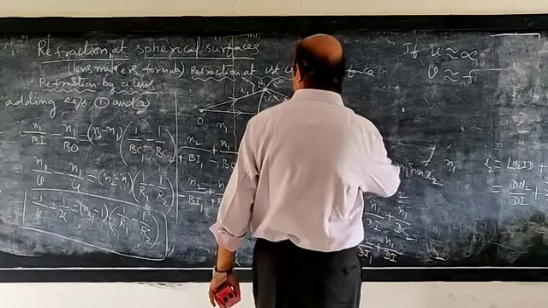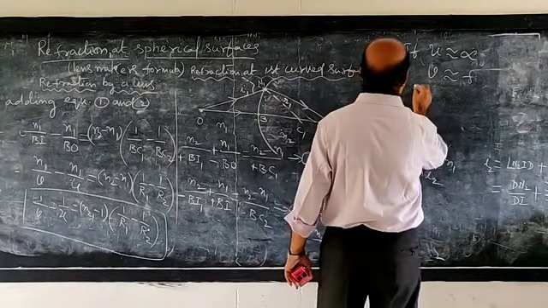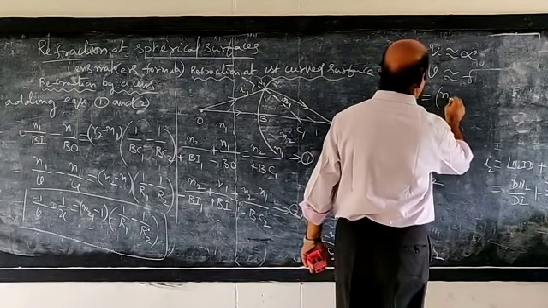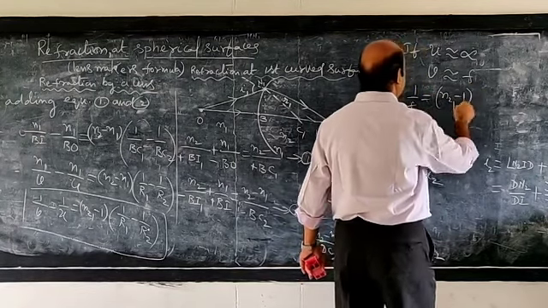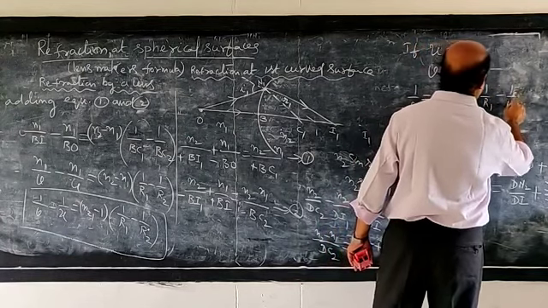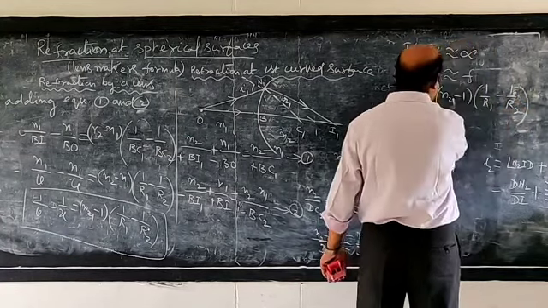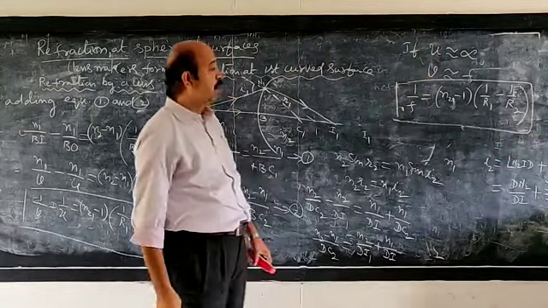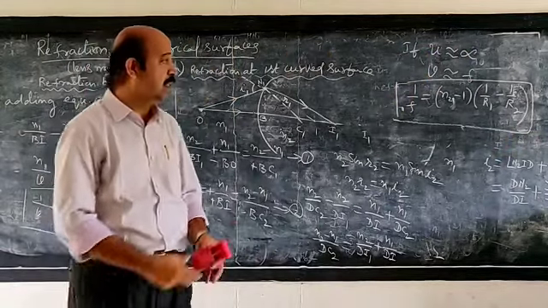Therefore, from the equation, we can say that 1 by f is equal to n21 minus 1 into 1 by R1 minus 1 by R2. This is called the lens maker's formula. Why is it called so?